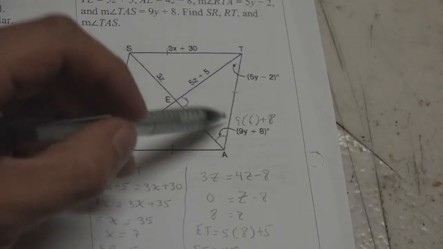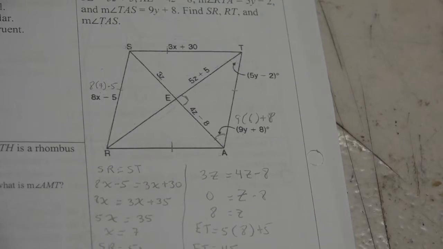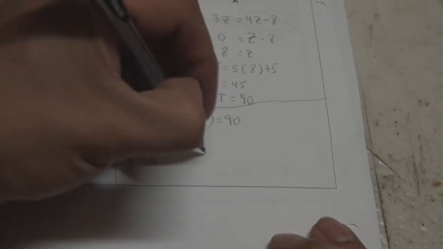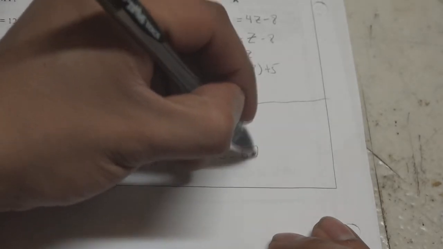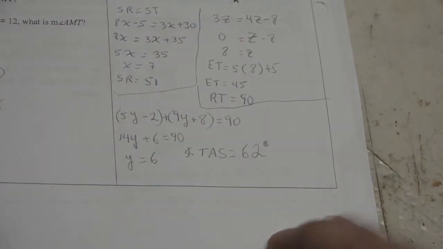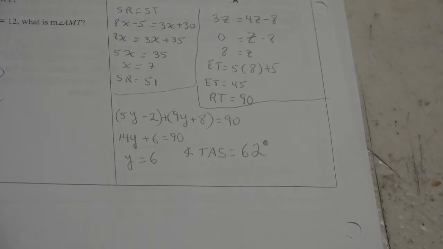You know what? You find the measure and I'll just give you the point. Good. Excellent. So I can say that the measure of angle TAS is 62 degrees. And that's it. As simple as that.